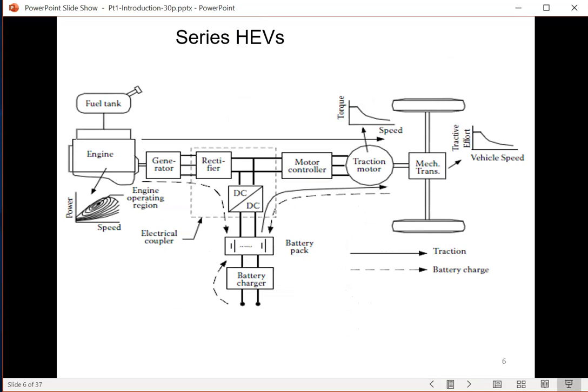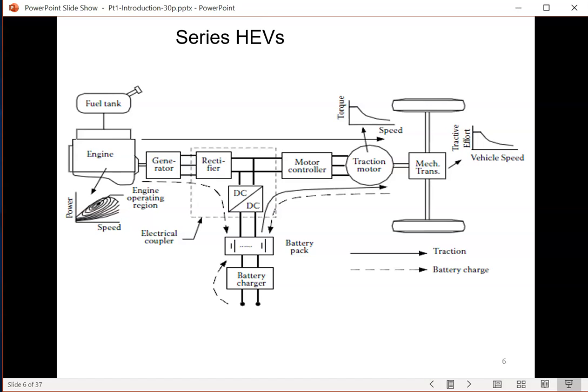Now, hybrid electric vehicles come in several different forms at different stages of vehicle development. Series hybrid electric vehicles are one of the early candidates for electric vehicles.